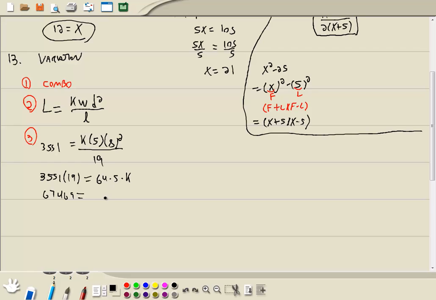And 64 times 5 gives us 320K. Okay, then divide both sides by 320.